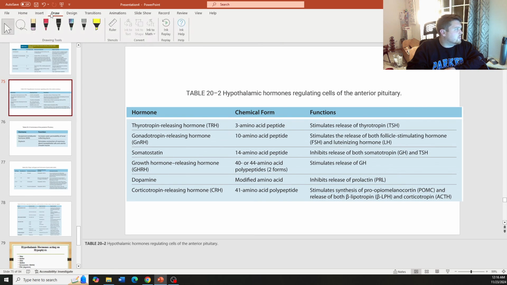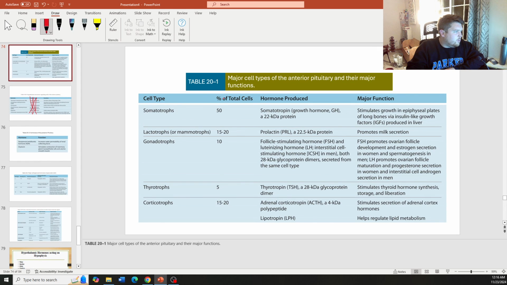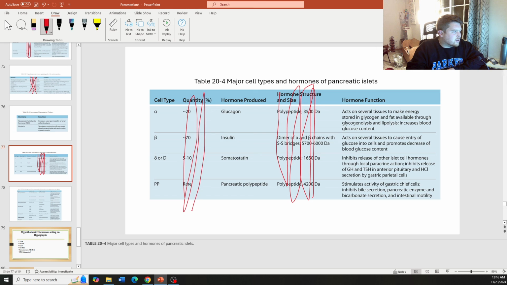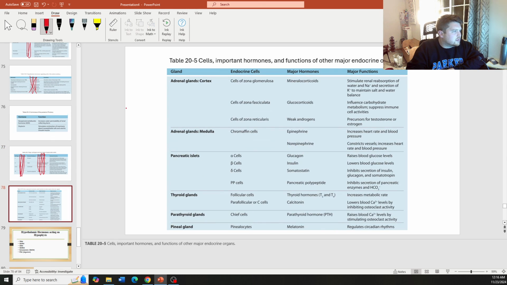Stuff like chemical form, you don't need to remember any of that. Ignore all of that. You really don't need to know percentages of total cells. Let's see what else. Again, not really concerned with the hormone structure and size. Quantity percent, not really concerned about that either. This one, absolutely love this one.